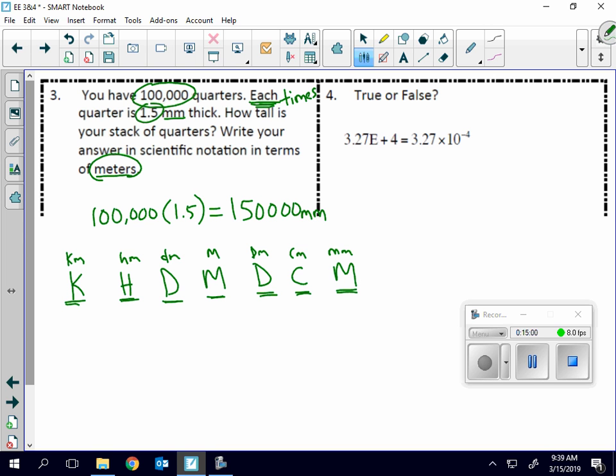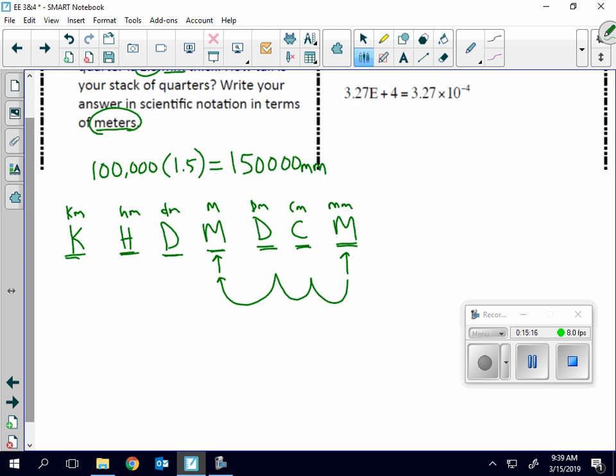All right, if we want to go from millimeters to meters, what do I need to do? Well, I need to move the decimal 1, 2, 3 times to the left. So from my original number, 150,000, I'm not going to put the comma in there, I need to take the decimal where it is right here and move it 3 times to the left to change it to meters.